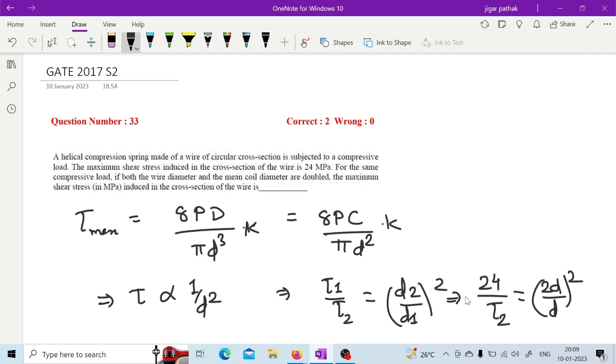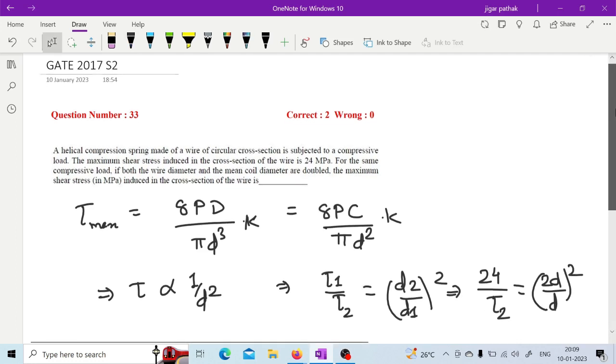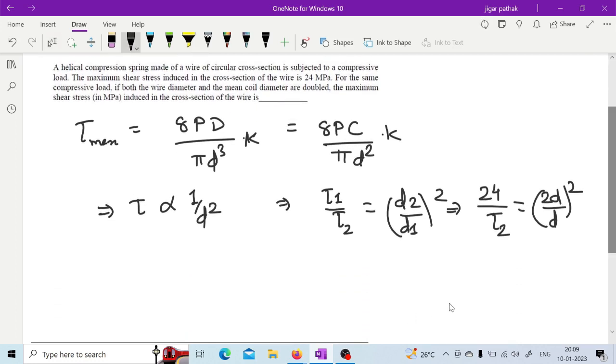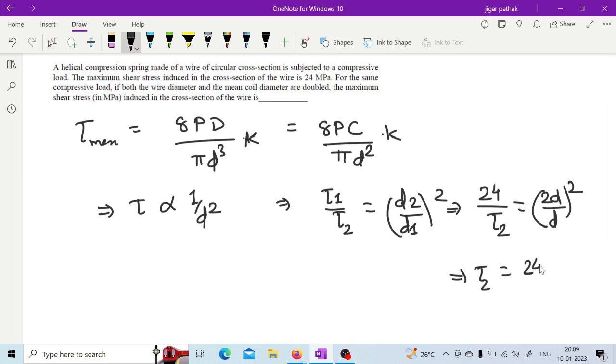Once you solve this, tau 2 will be 6 because this d will cancel out, and you will have 24 by 4. So it is 6 megapascal. Yes or no?